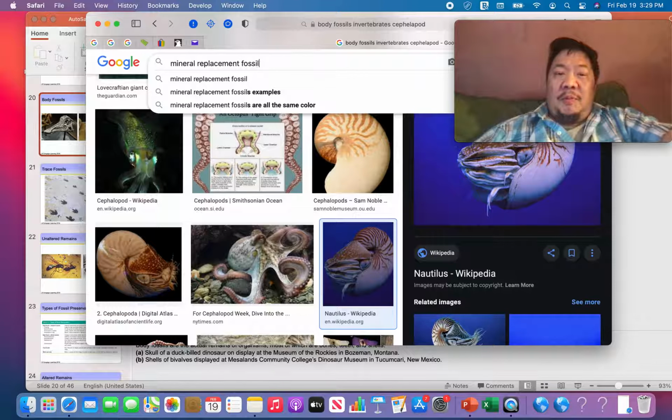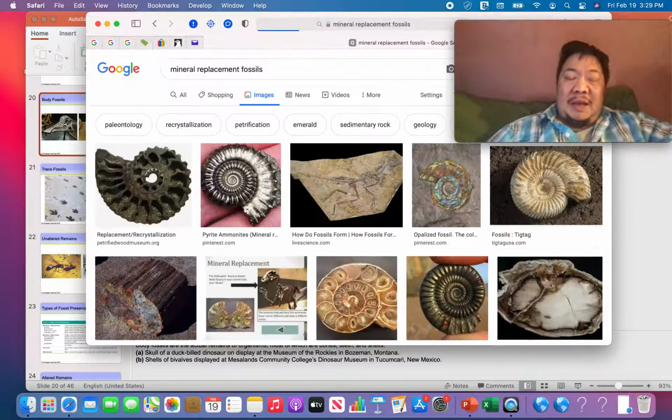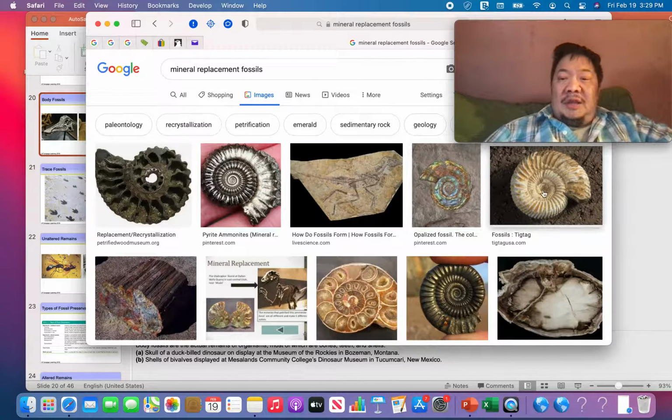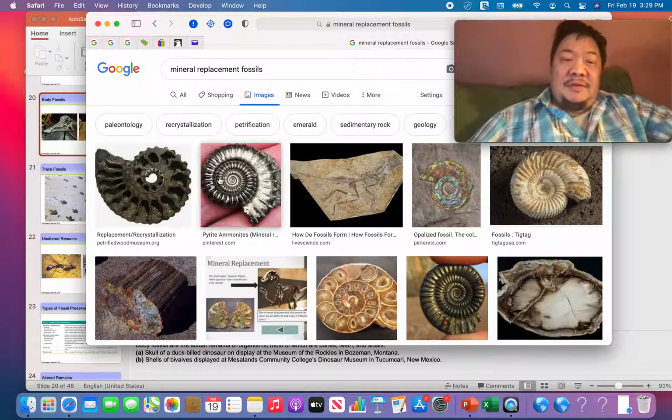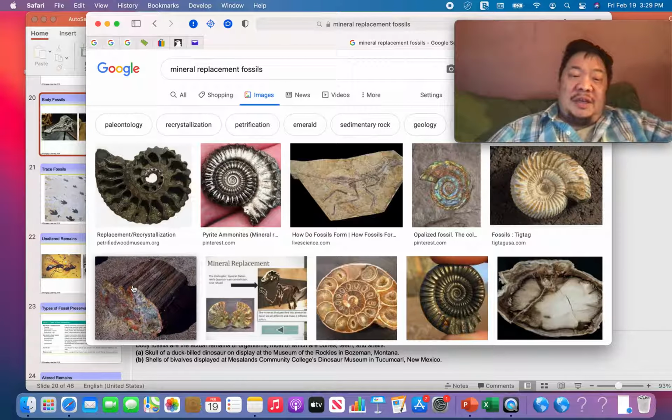The first is through mineral replacement, which I just explained, where the bone cells or the cells inside of shells for invertebrates are completely replaced by minerals like quartz and feldspars, for example. So here you can see that this used to be a tree. It's now made of quartz, but you can see all the grain on the wood.